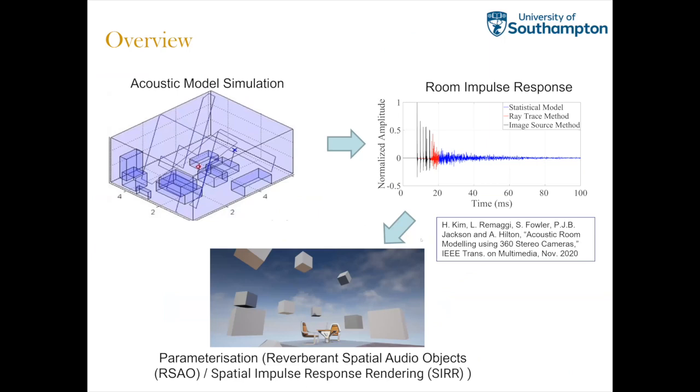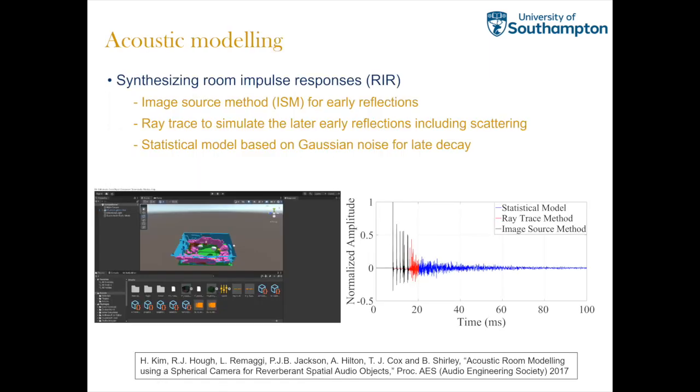Once we get this full 3D model, we can simulate something like ray tracing, putting a virtual sound source in and seeing its behavior in this kind of space to make the room impulse response. So it's a synthesis of room impulse response, and they are analog signals, so we need to parameterize those signals.